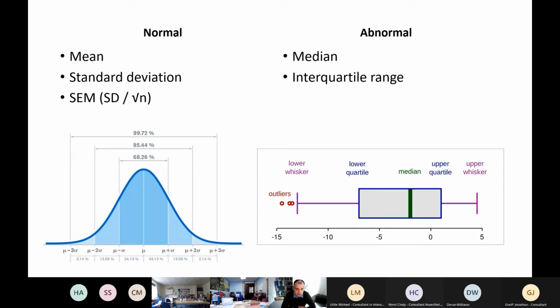And if you're talking about a non-normal distribution, instead of using means, you use the median, which we said is the middle number. And then people talk about the interquartile range. Now, the interquartile range is actually quite straightforward. You essentially split your data into quarters.